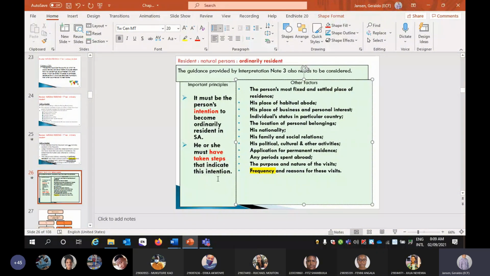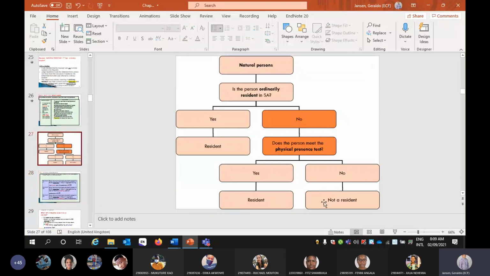However, we said if you are not ordinary resident, we will still check whether you are resident for tax purposes. So let's look at this flow chart. For a natural person, we will look at, is the person ordinary resident in South Africa? If the answer is no, then we need to apply the physical presence test.